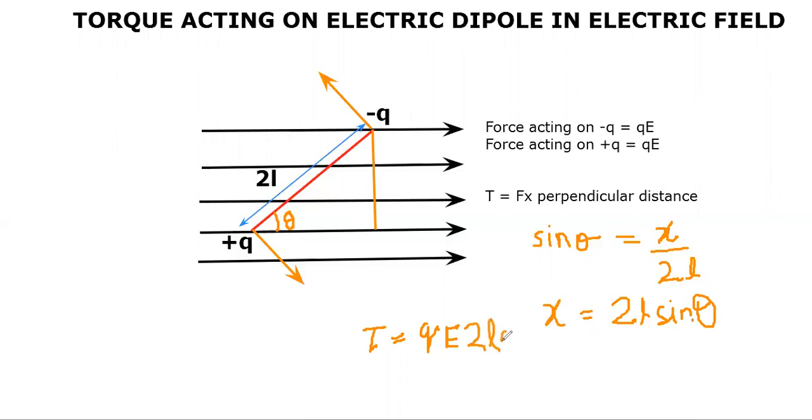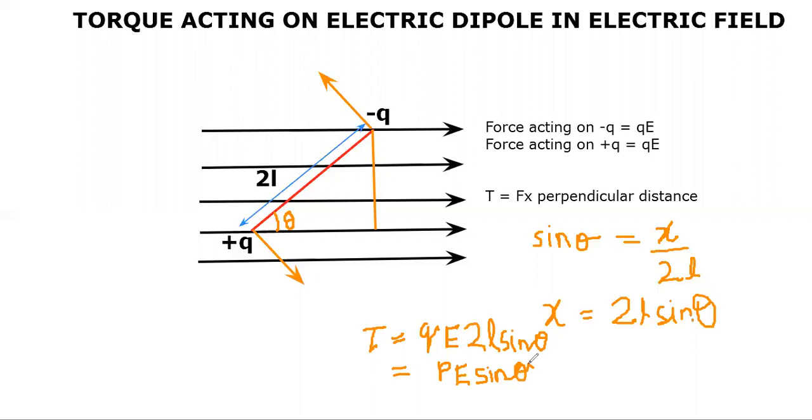Q into 12 was done in the last video. Q into 12 is the dipole moment, right? So this becomes PE sine theta.